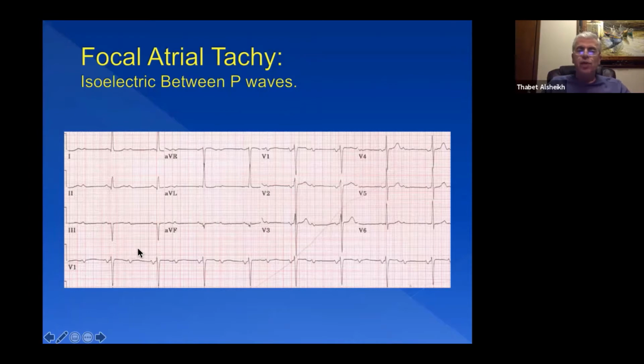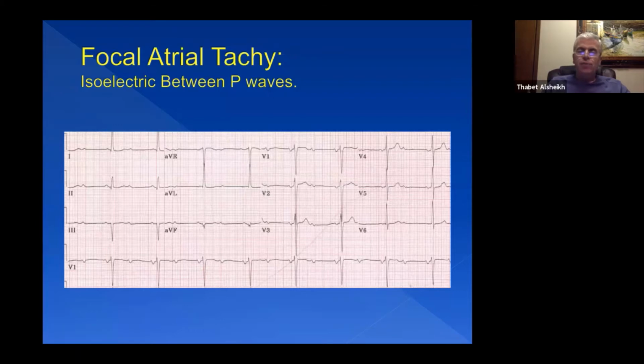And this is 2-to-1 AV conduction, P wave with non-conduction here, PQRS, P blocked, PQRS, P blocked, P conducted. So you have 2-to-1 AV conduction. But the key here is you see atrial activity, P wave and P wave, and in between there is no activity whatsoever. So this is typical of focal atrial tachycardia.